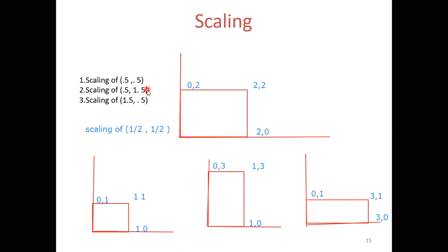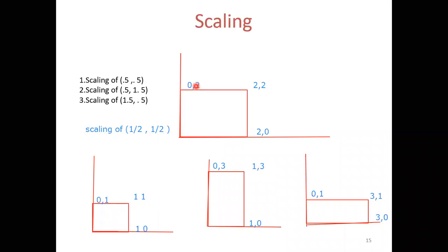Let's go for the second one, it will make things more clear. Remember, the first one is x and the second one is y. So in the x-axis we'll multiply with half, in the y-axis we'll multiply with 1.5. Sorry, a mistake here.